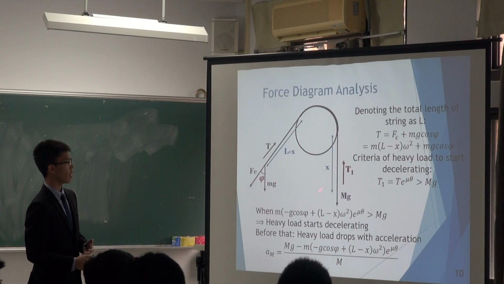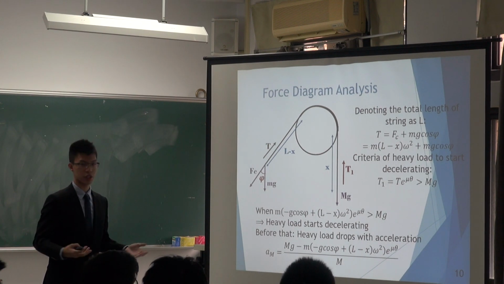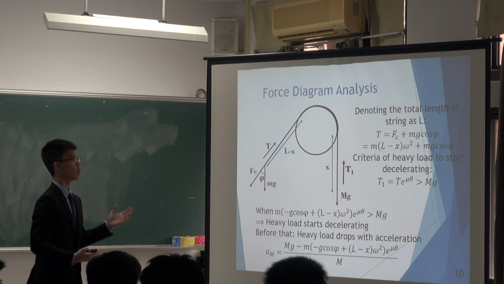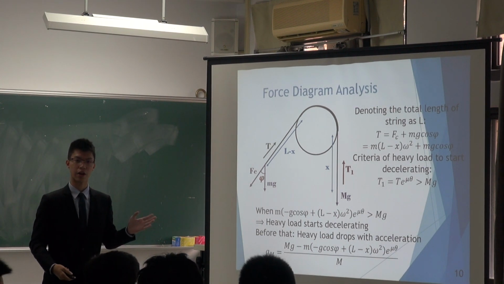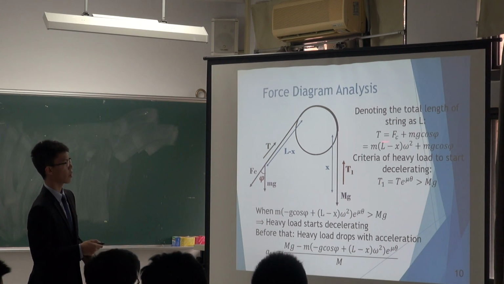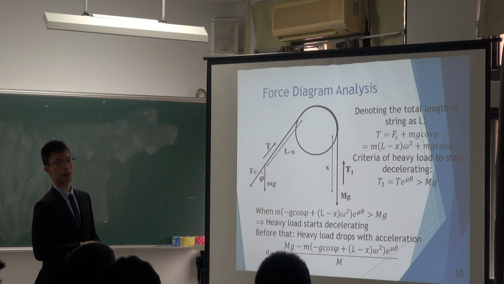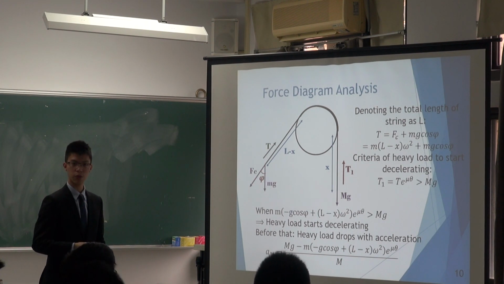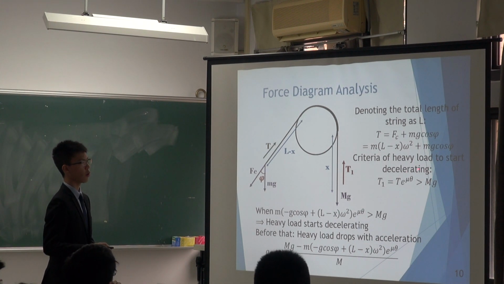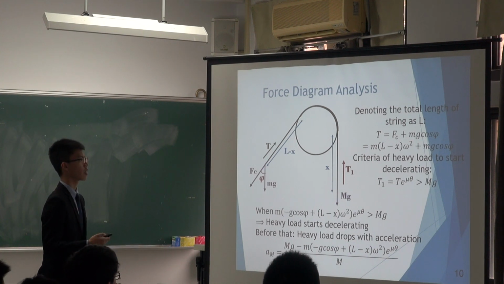And in the next part, by analyzing the forces acting on the light load and heavy load, we can do further calculation if we really need to use the computer to simulate other situations. Notably, we can see the relative length here could help us, for example, calculate the centripetal force while the light load is rotating around the rod, or the criterion for the heavy load to start accelerating, which we derived previously.